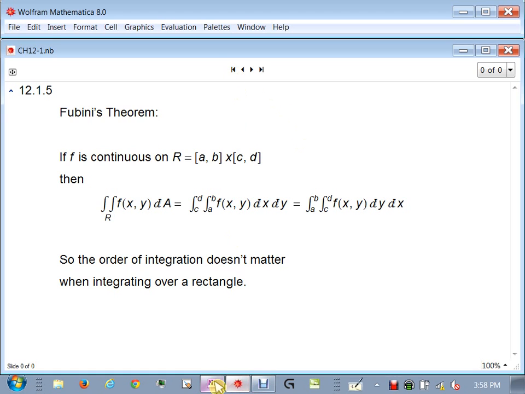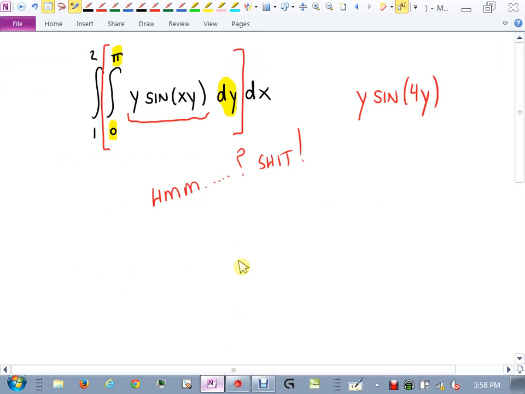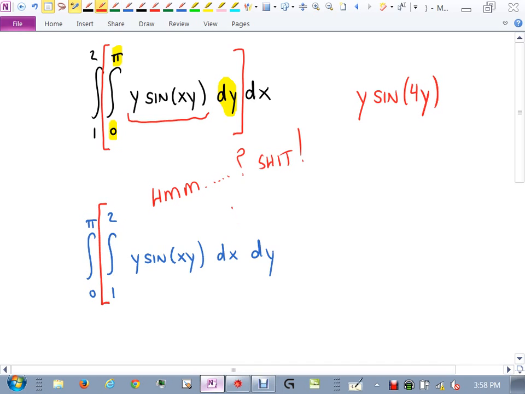So going back to this problem, I can redo this integral from 0 to pi, 1 to 2, y sine xy dx dy instead. And then do this one inside first.